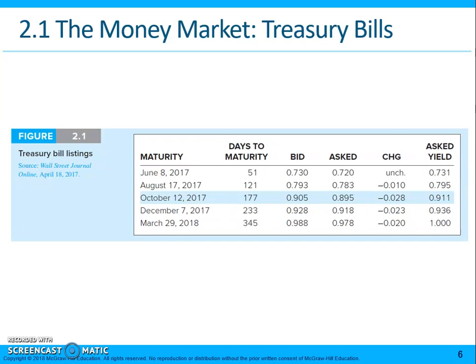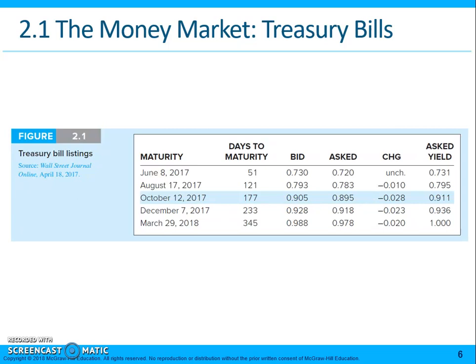Figure 2.1 is a Treasury bill listing. It's actually a small piece of what you would see if you were looking in the Wall Street Journal. This example is from April of 2017. We have a June 8th maturity with 51 days to maturity on down to a March 29th, 2018 maturity of 345 days.